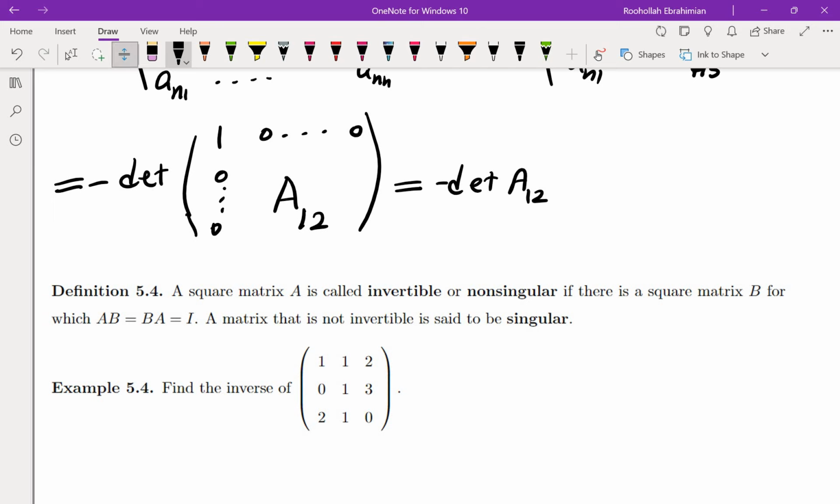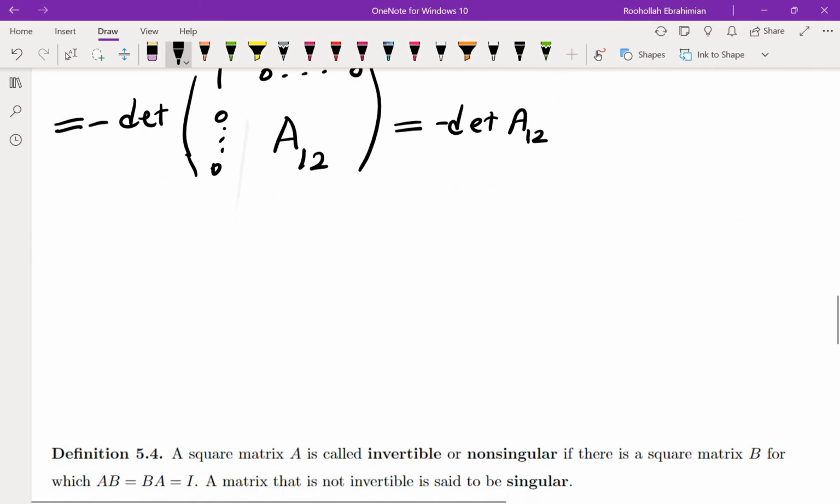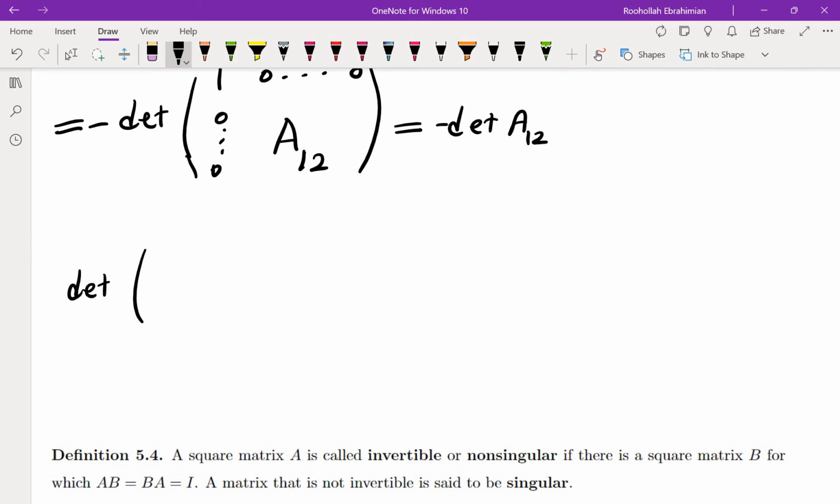So when you have in the first row determinant of EI and then A21, A2n, etc., that becomes negative 1 to the power of, you need to move EI to the front, so you will get negative 1 to the power of exactly 1 plus I. That's how many swaps you need. So you need basically I minus 1, which is the same thing as I plus 1.